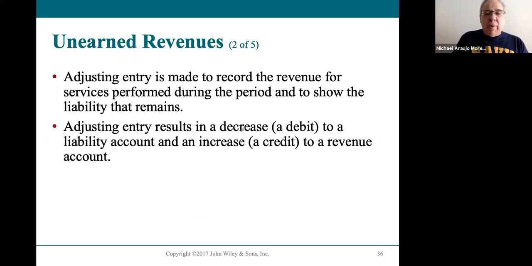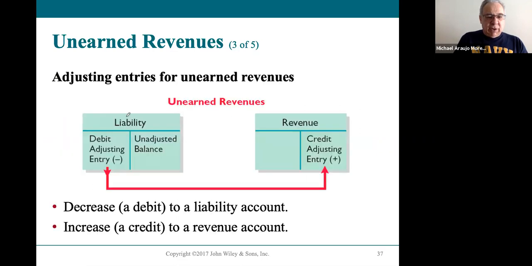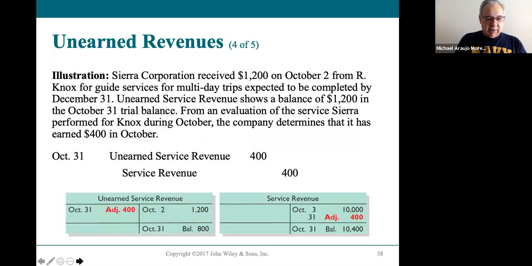Okay. So what we need to do is basically lower the liability account and credit the revenue account when it's time. Right? So we're going to lower the liability account with a debit, increase the revenue account with a credit. That's how we adjust for unearned revenue. And this is how it works.